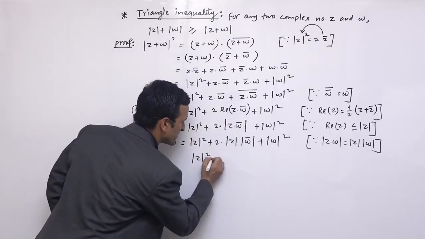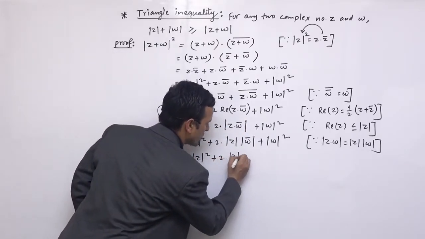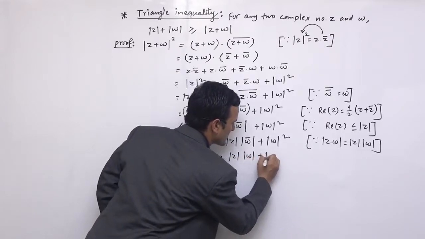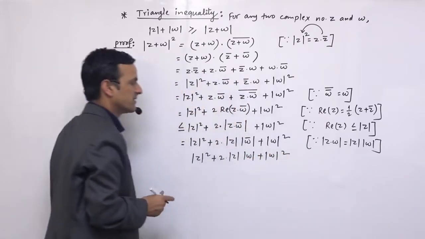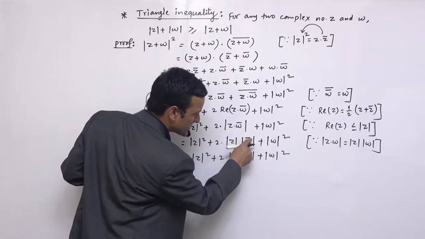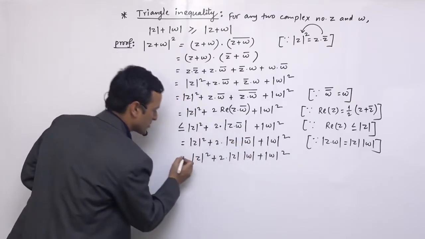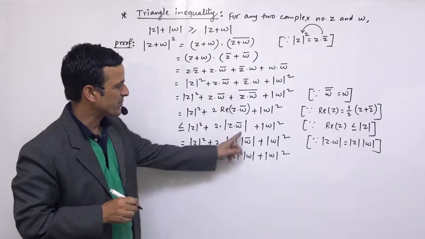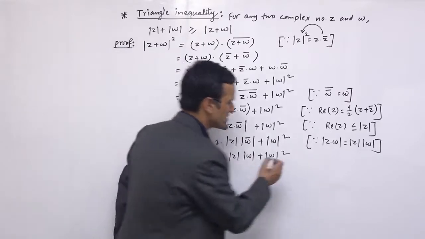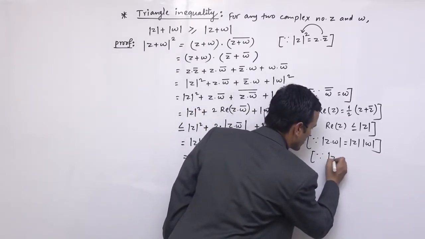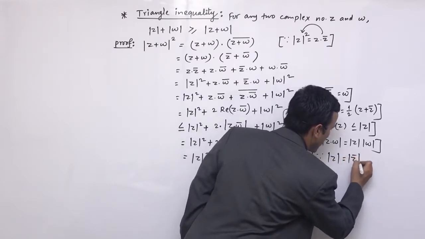So modulus z whole square plus 2 times modulus z modulus w plus modulus w whole square. So we can remove this conjugate. So this will also be equal. The conjugate can be removed because we have the result that modulus z means modulus z bar.